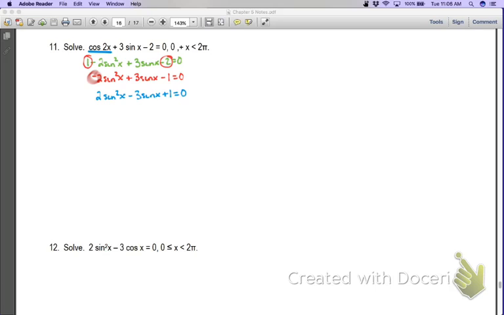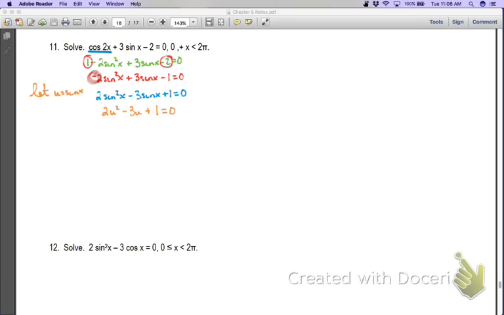Again, it's completely up to you, just like it was the time before. If you want to let u equal sine of x, go for it. I'm going to, just because I think it's easier to factor. So I'm going to have 2u squared minus 3u plus 1 equal to 0.